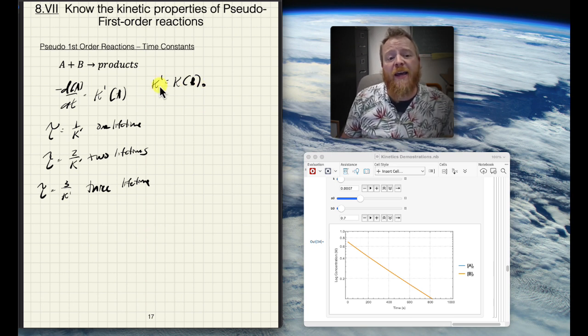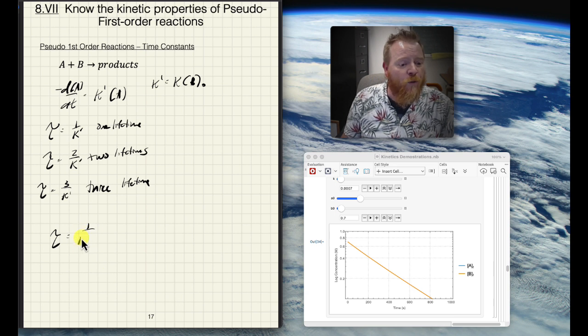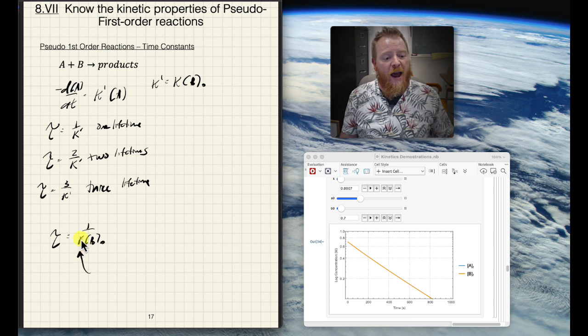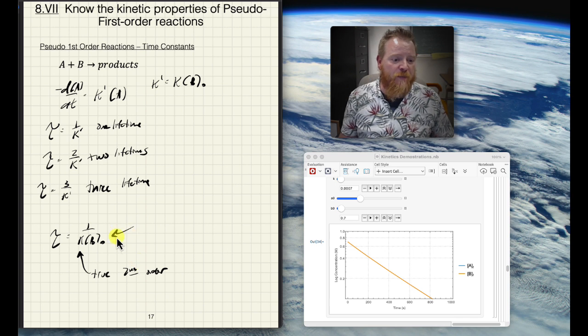Now noting that k prime is k times B initial, the lifetime of our reaction can be written as 1 over k times the initial B concentration, where k is the true second order rate constant and B initial is our initial concentration.